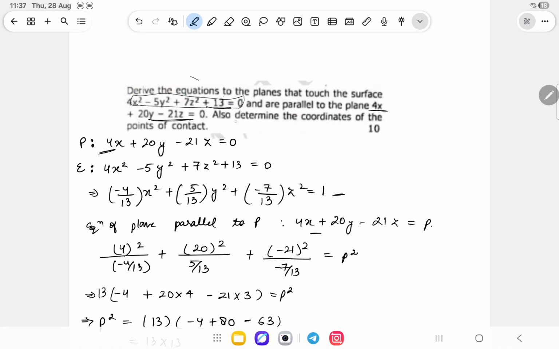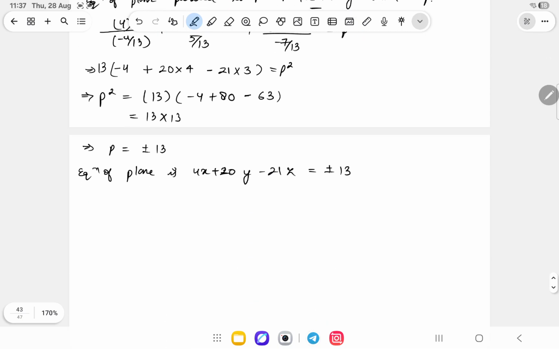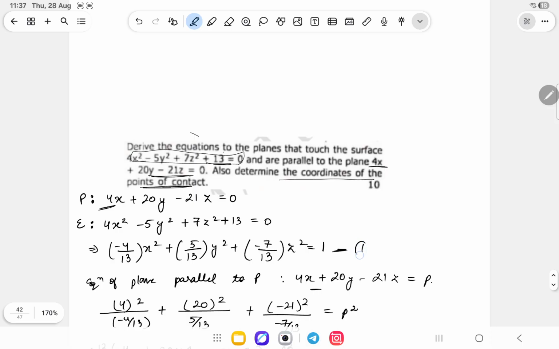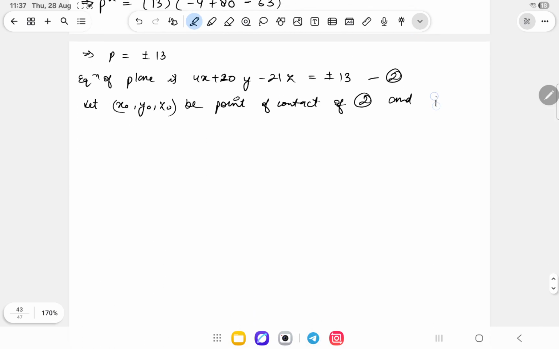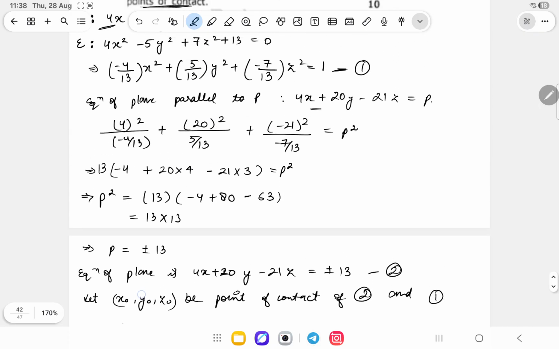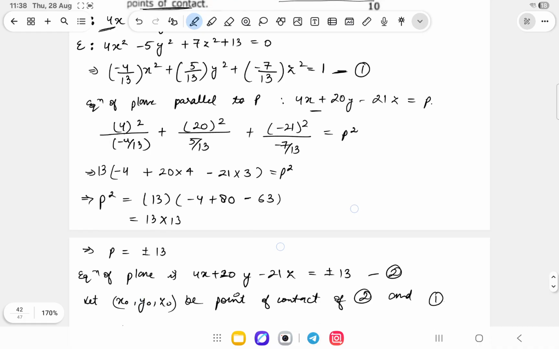So the question further says: determine the coordinates of the point of contact. Okay, so let x naught, y naught, z naught be the point of contact of 2, and let's name the equation of the ellipsoid as 1. So if that's the case, then x naught, y naught, z naught must be lying on both the plane and the equation of the ellipsoid.